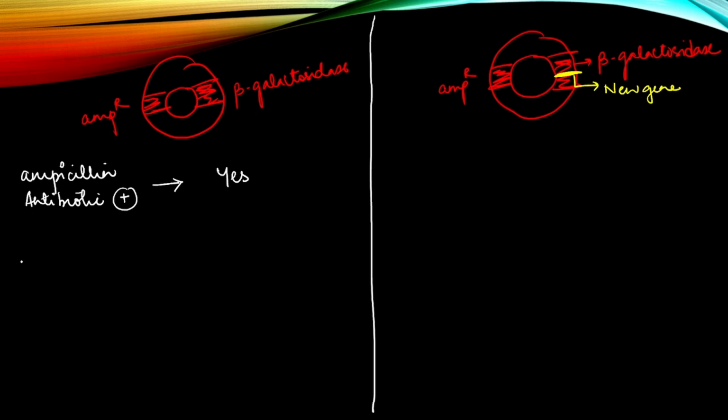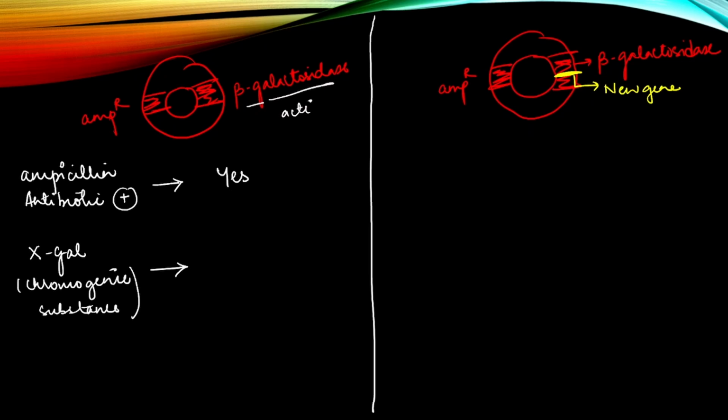Now what will happen for beta galactosidase? We will be using X-gal. What is X-gal? It is a chromogenic substance. Chromogenic means it gives color. When the beta galactosidase gene is active, it is breaking lactose into glucose and galactose.